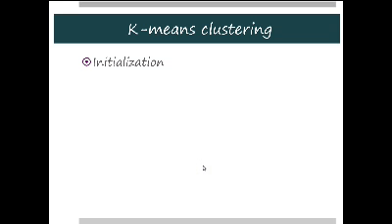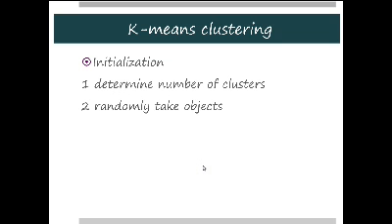How does K-means clustering work? First, you need to determine how many clusters you want to find. How many groups do you want to find? Then you randomly take objects to serve as the initial centroids.